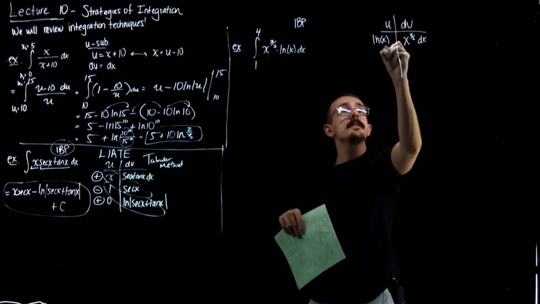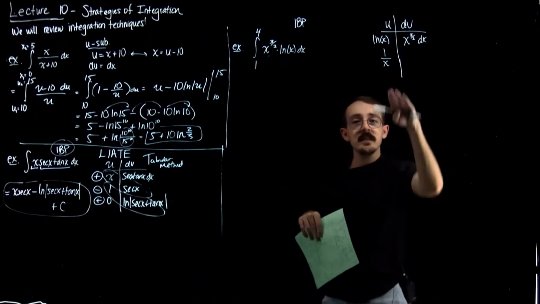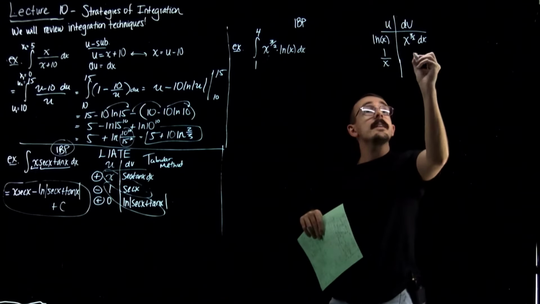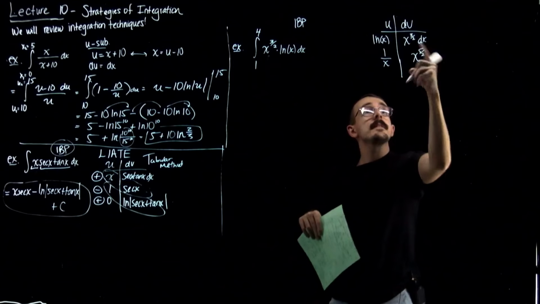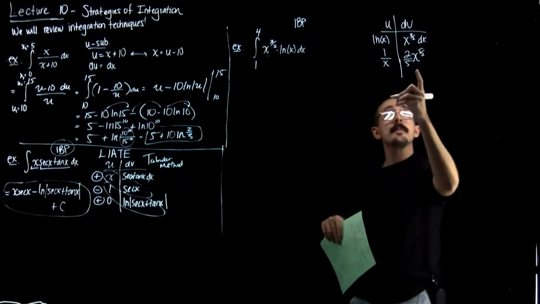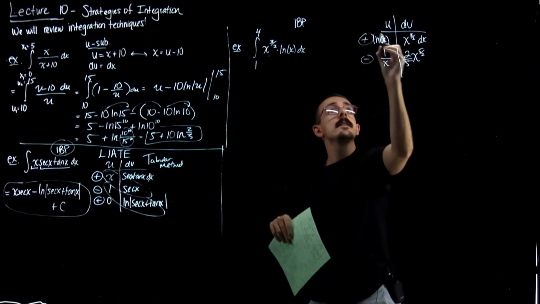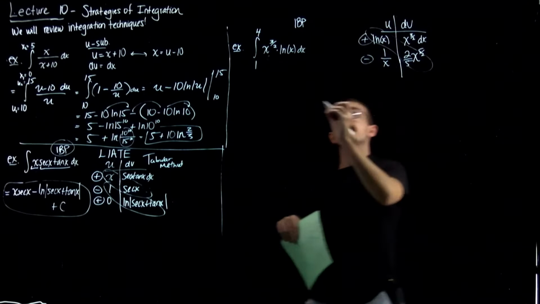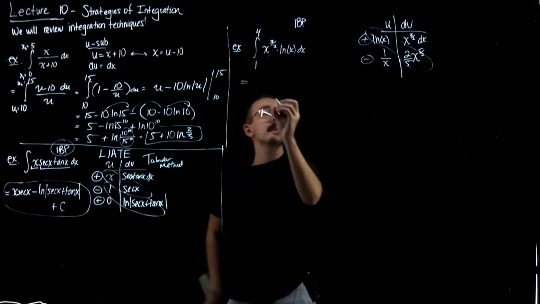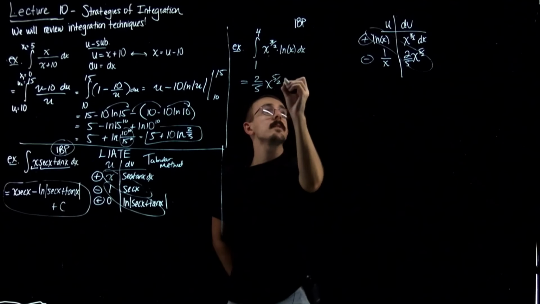So the derivative of this is going to be 1 over x. Notice this will not go to 0 if I keep doing the derivative, so I'm just going to stop here. Integrating this is x to the 5/2 after I add 1 to the power, and then I'm going to flip the new power. And this will be plus, and this will be minus. Here's my u times v right here. So this is going to be 2 over 5 x to the 5 over 2 ln of x.